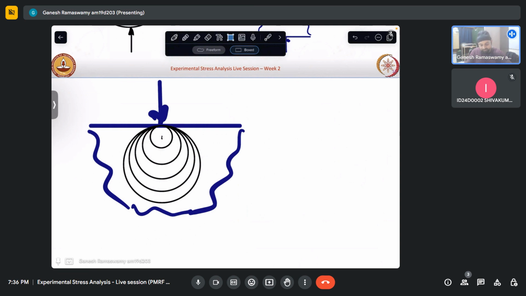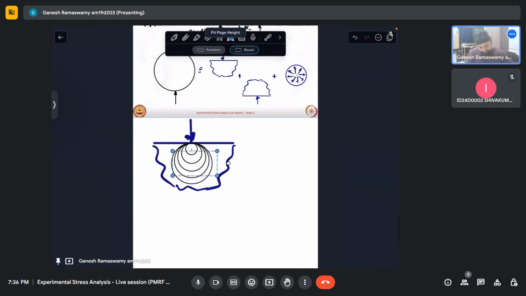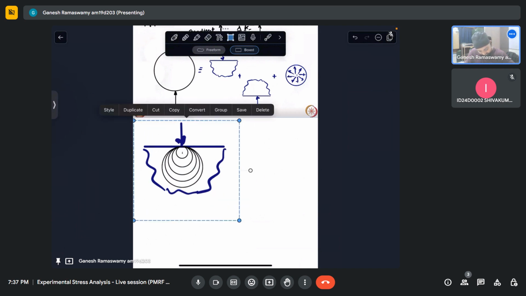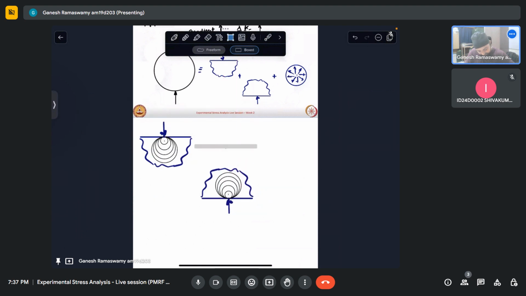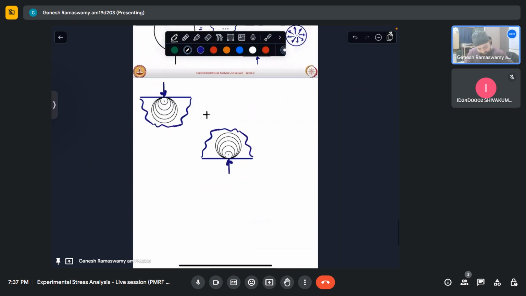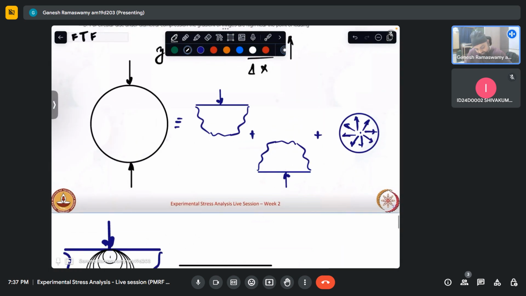So when we add this to this, the final fringe pattern I get would be somewhat like that, and so on.